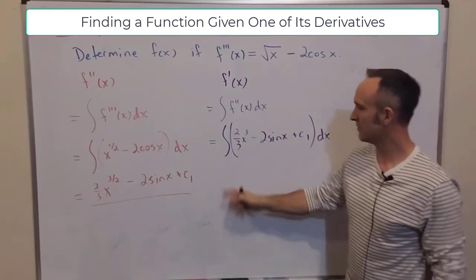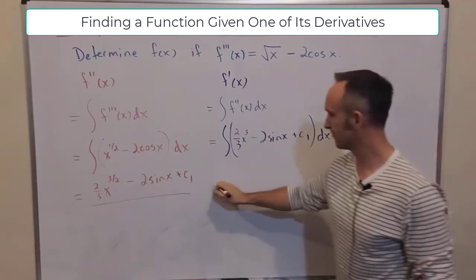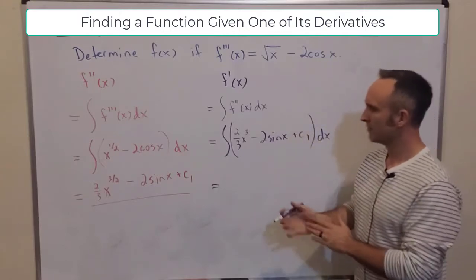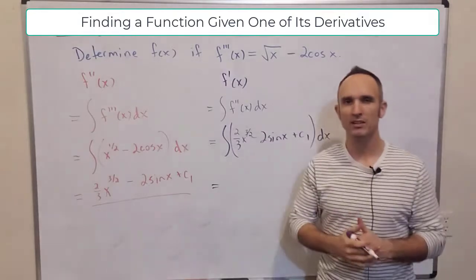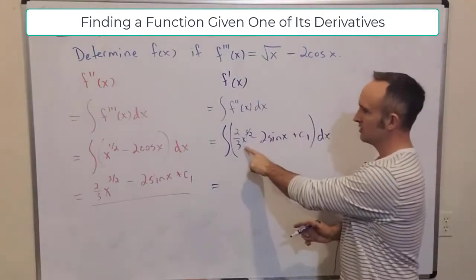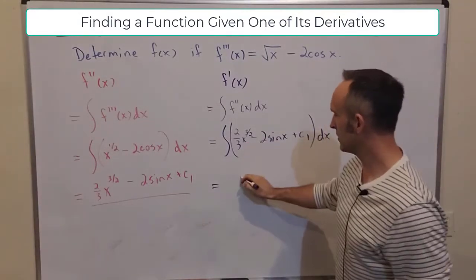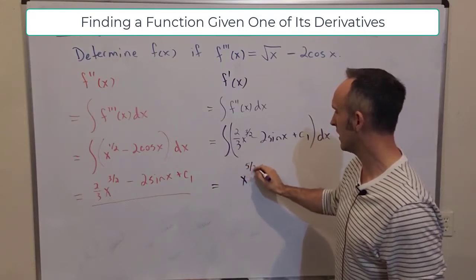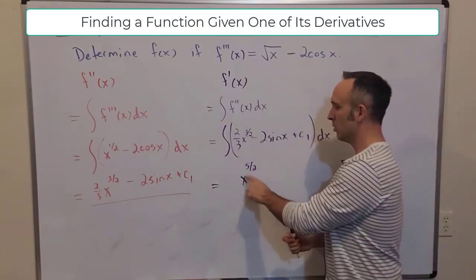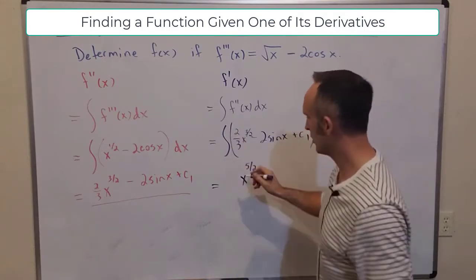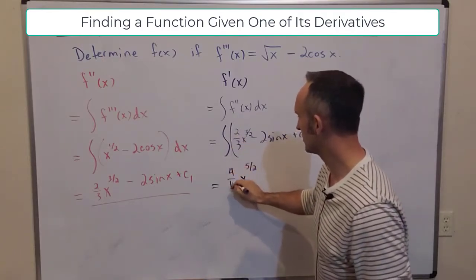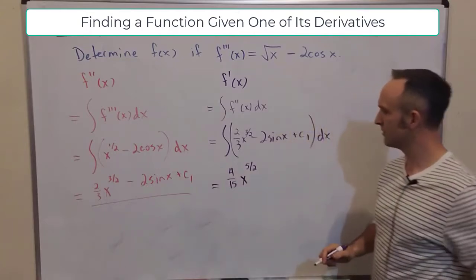And I want to anti-differentiate with respect to x. All right, forgot my 3/2 there. Sorry about that. Now we have to be somewhat comfortable with fractions. So antiderivative tells me to increase that power by 1, which is 5/2. Multiply by the reciprocal 2/5. So 2/5 times 2/3 is 4/15. Okay? Check that out for yourself.